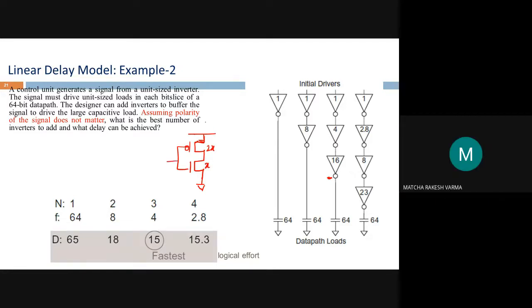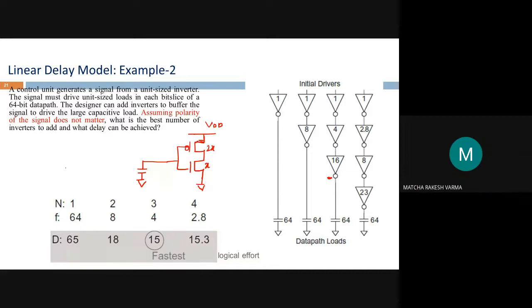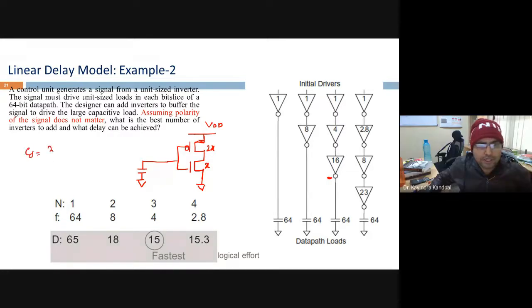This is VDD. What is the net gate capacitance you will get here? 3X into COX into L, right or not? 3X is the width. Net width happens to be 2X plus X at this capacitance.